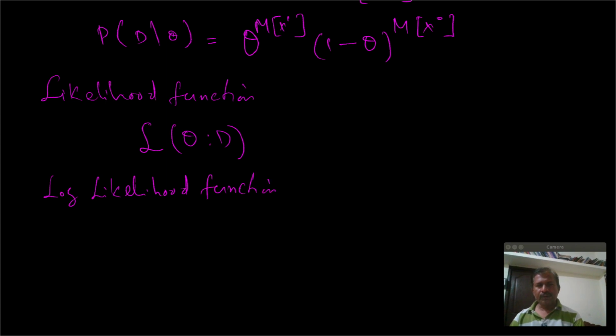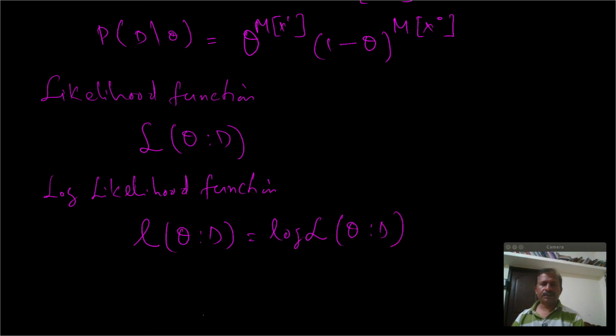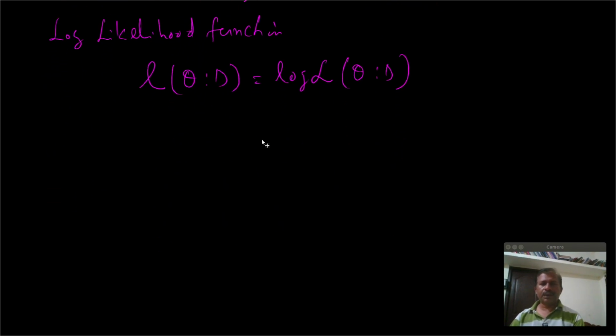This is just for computational convenience. So the log likelihood function, I represent it as L of theta d, as log of L, your likelihood function. How will this look?